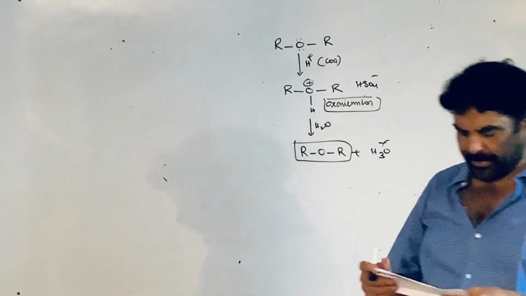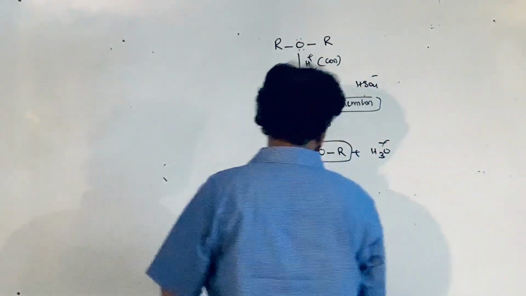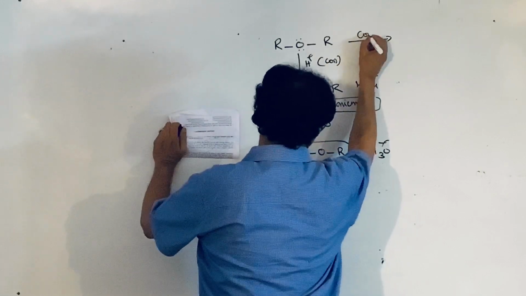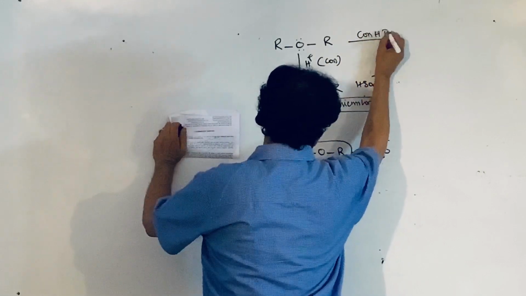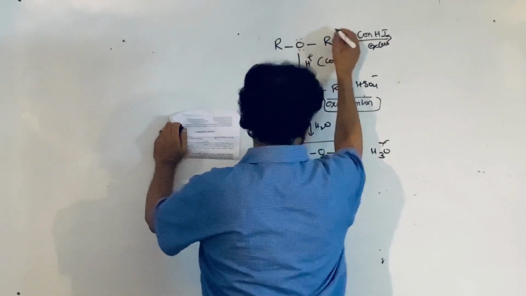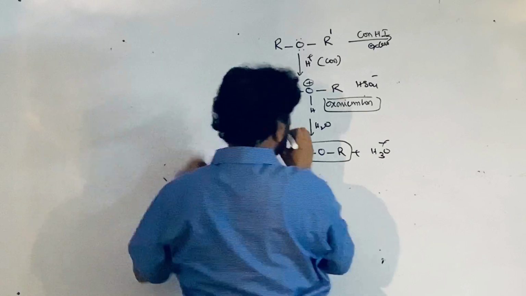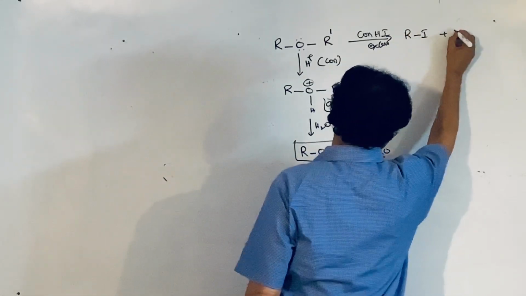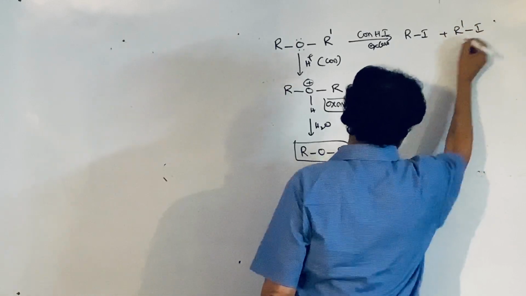Two layers are separated. Now the other reaction of ether: it is treated with concentrated HI, and two products are formed, RI plus R'I.